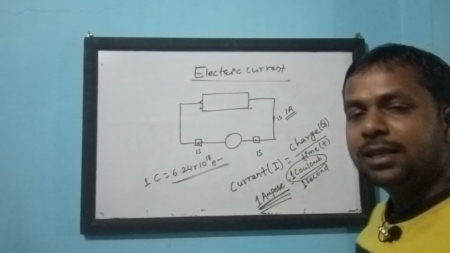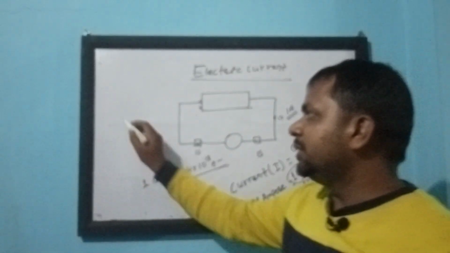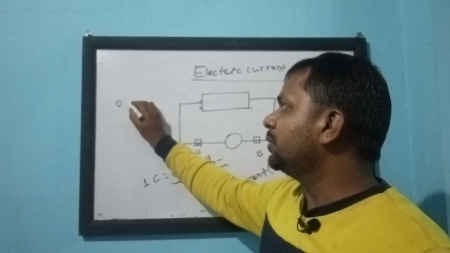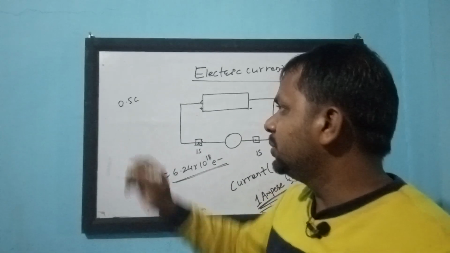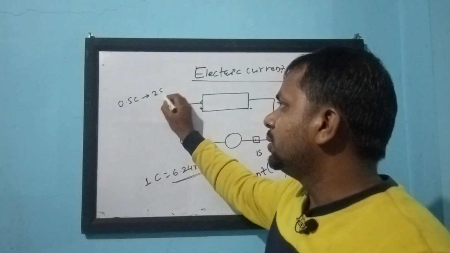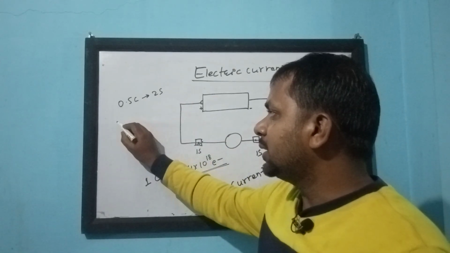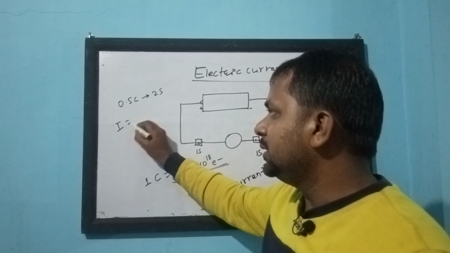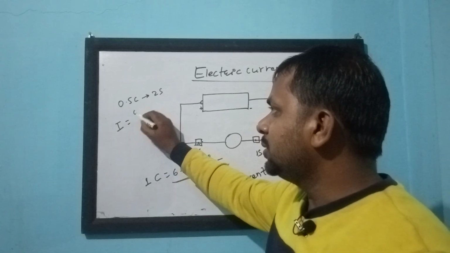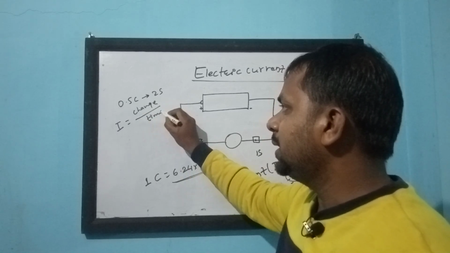A lot of numericals can be asked related to this. Sometimes a question can be given to you: if 0.5 coulomb charge is moving from any point in 2 seconds, find the value of current. Then we know that the current formula is current is equal to charge by time.